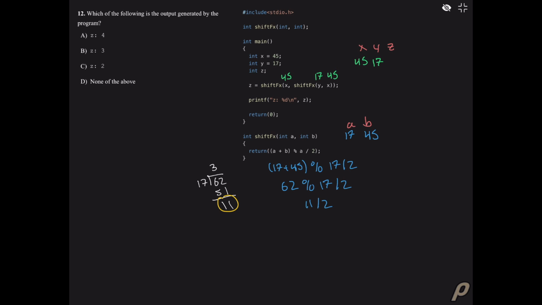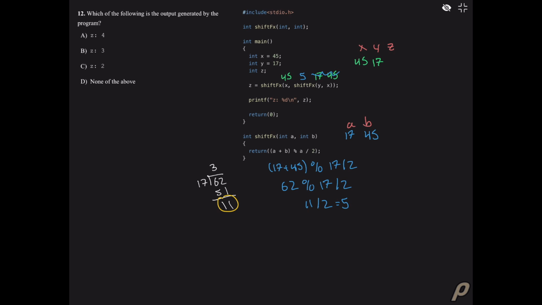And we know that 11 divided by 2 is integer division. So we will just get an answer of 5 here as we round down our answer, because we have to floor it. So that means this 5 is going to get passed back up into this function up here, which means that this shift fx here is just going to result in a 5 up here.